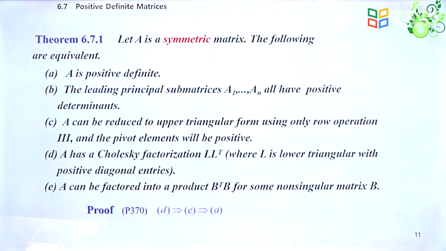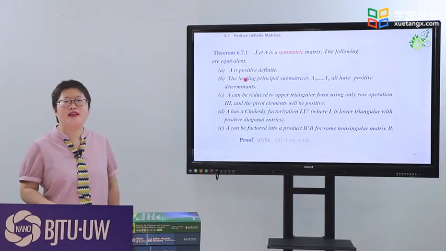Now we make a conclusion for equivalent characterizations of positive definite matrices. Let A be a symmetric matrix, then the following are equivalent. A, A is positive definite. B, the leading principal submatrices A1 till AN all have positive determinants. C, A can be reduced to upper triangular form using only row operation 3, and the pivot elements will be positive.